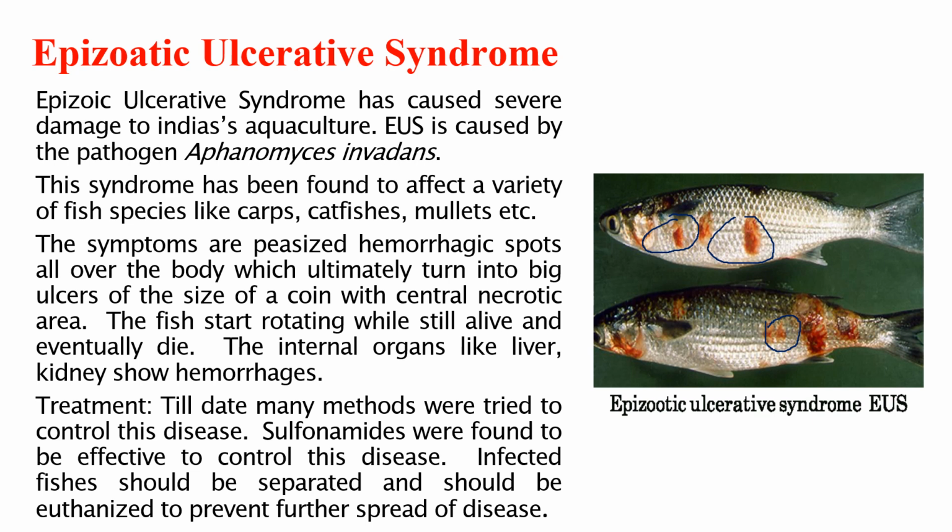The internal organs like liver and kidney show hemorrhages. Till date, many methods were tried to control this disease. Sulfonamides were found to be effective. Infected fishes should be separated and euthanized to prevent further spread of this disease.